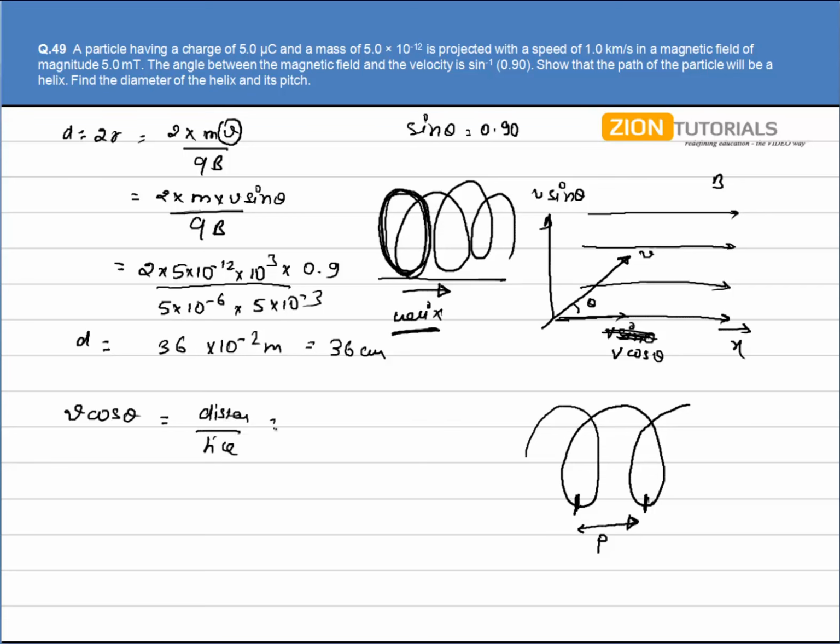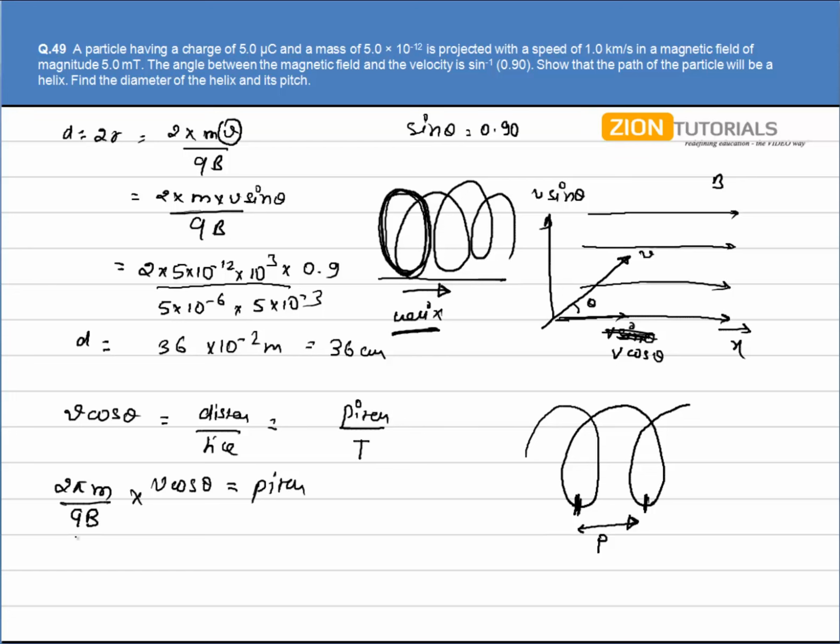Distance is the pitch, which I have to calculate, and the time taken to complete one whole circle so that it comes in the same phase is the time period. So I can write 2πm/qB, the time period, times v cos θ, is equal to the pitch.